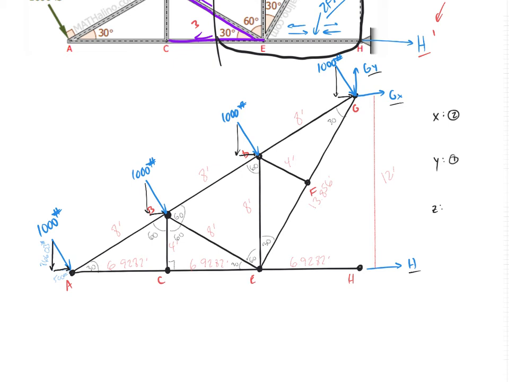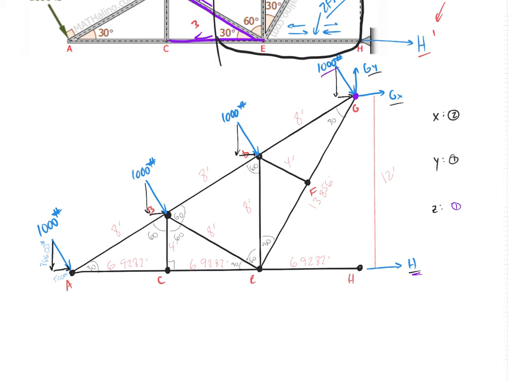And in the z direction, how many unknowns we have depends on where we solve it, so we need to pick a good spot. The obvious point is right here at G. If we pick G, that gets rid of GY, GX, and this 1,000 pound force, leaving just this H down here. So that's 1 unknown.